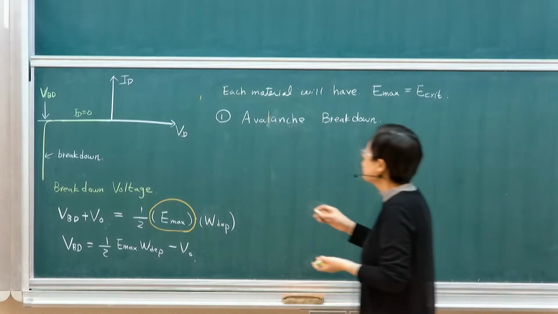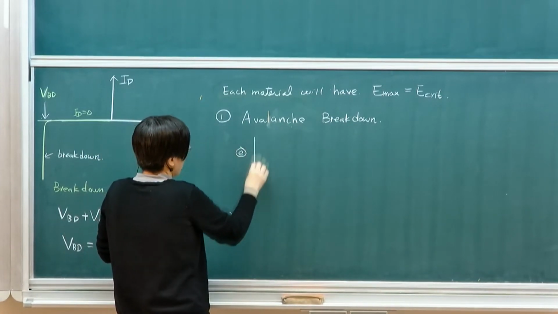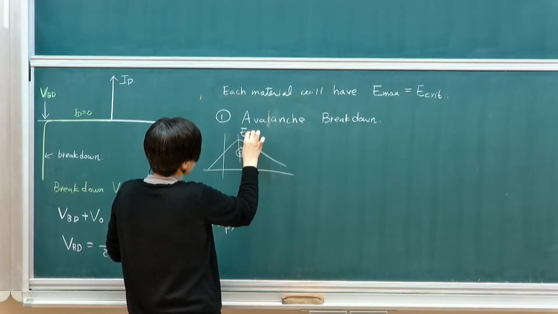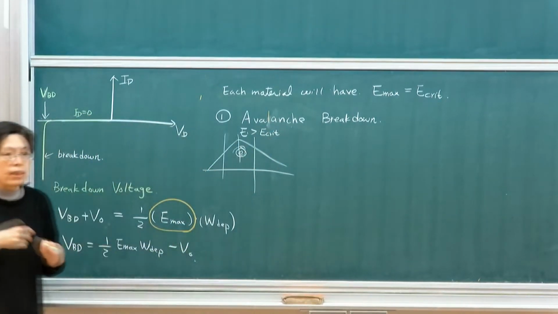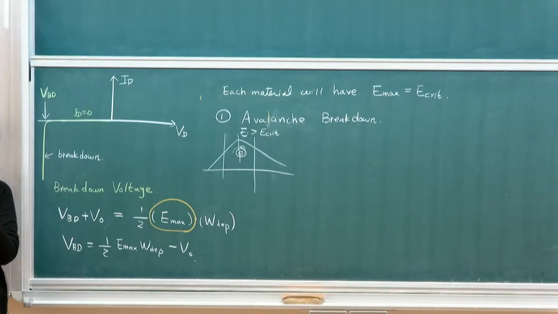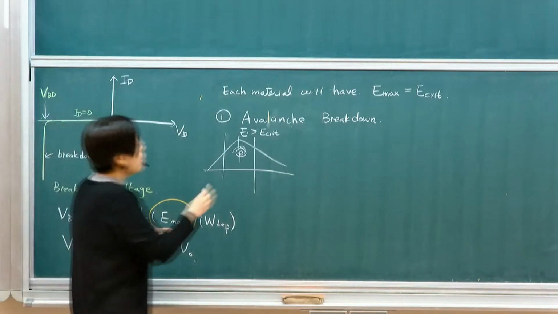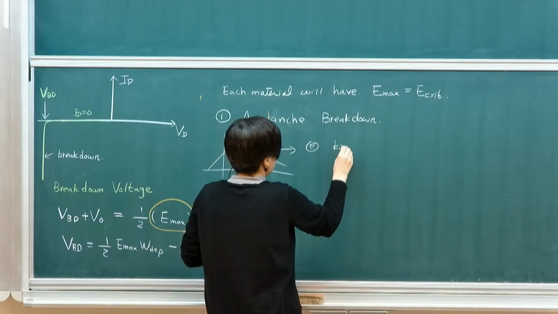The basic idea is that if I have an electron moving in this large electric field, and the field is higher than the critical field, this electron will gain energy, because in between the mean free time, in between collisions, it will gain enough kinetic energy.